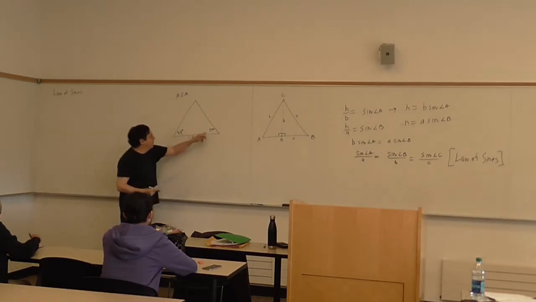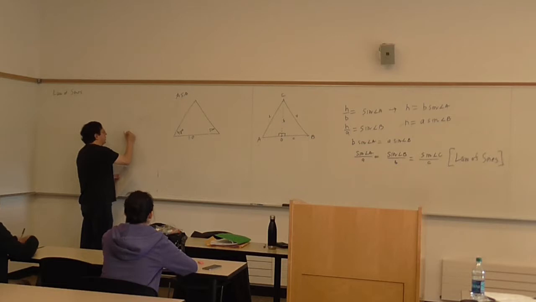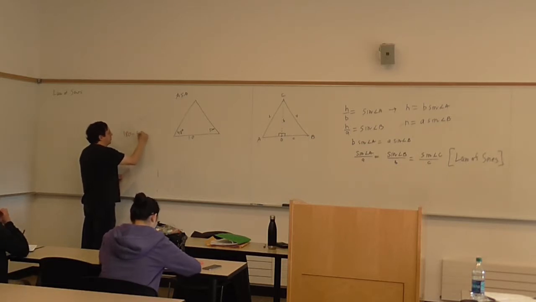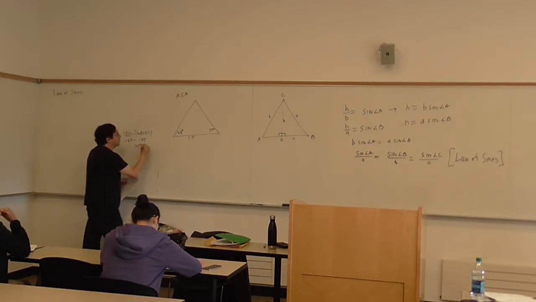Well, if we know two angles, we know the third angle, right? So we just have to calculate 180 minus 48 plus 57. What's that? 90, 105, 180 minus 105 is 75 degrees.